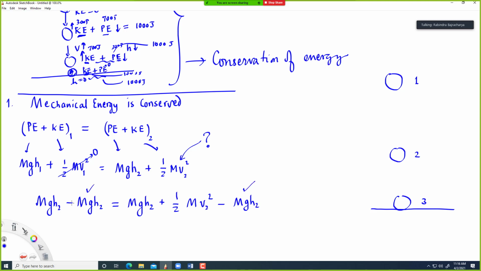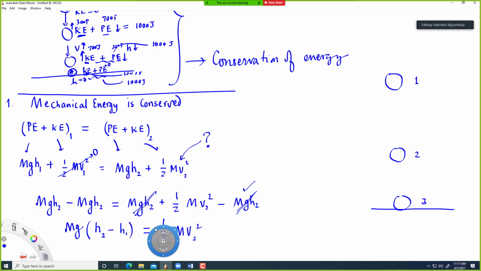Then you can cancel this and this. You have m and g common in both terms, and when terms are common, you can pull them out of the parentheses. So what is left is h2 minus h1. On the right side, we have 1/2 m v2 squared.